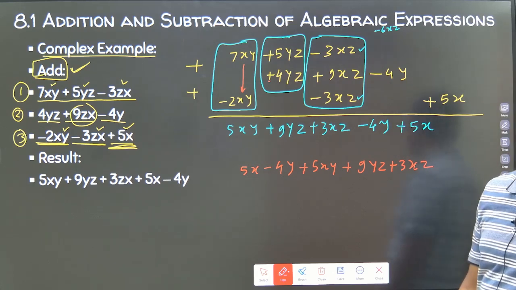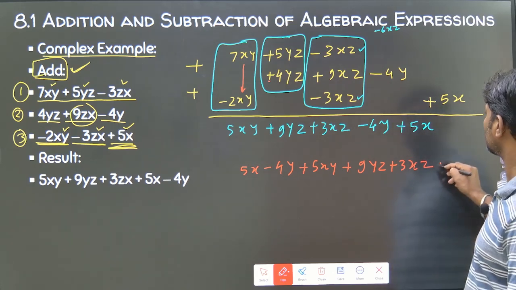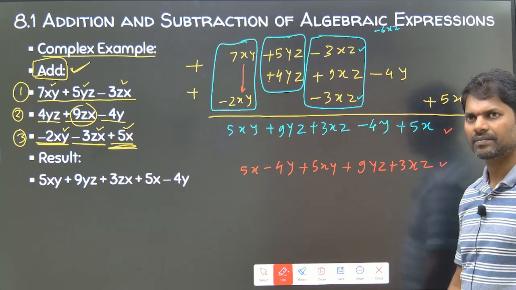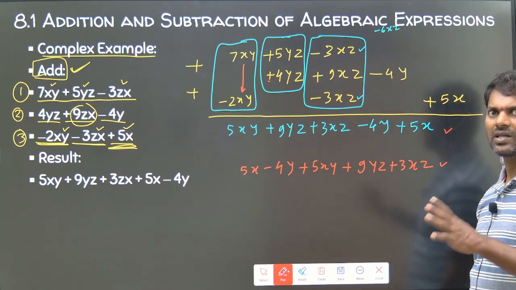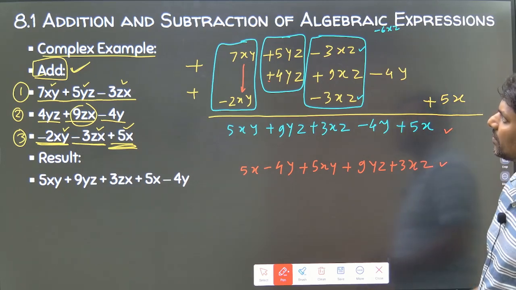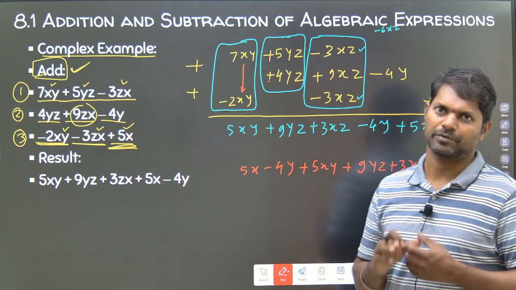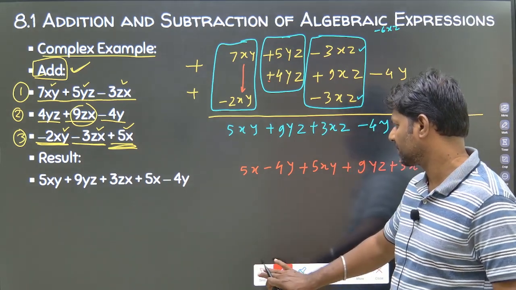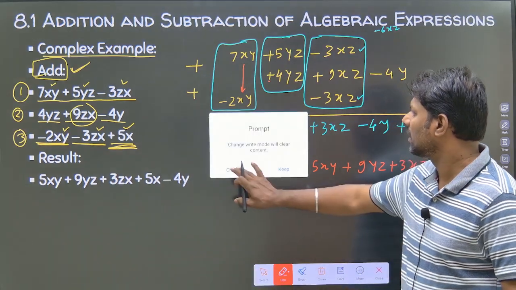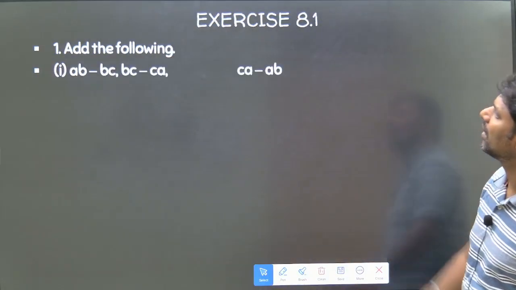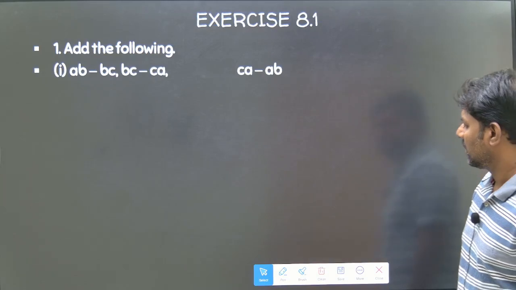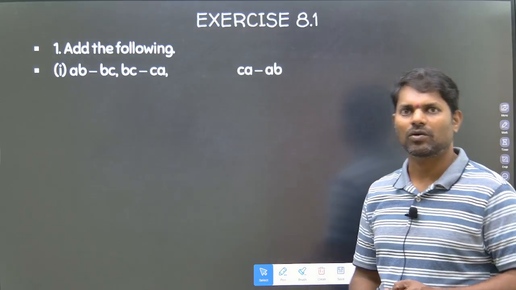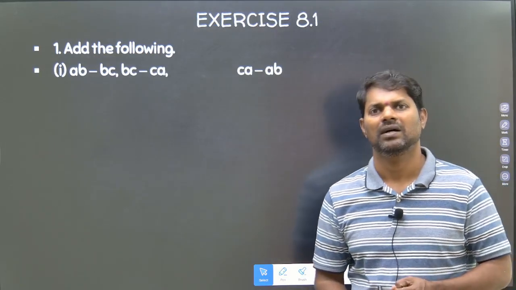This is also correct. Okay. So this is how you can add algebraic expressions. Similarly, you can perform subtraction also. So this is all about today's session. We'll stop here.